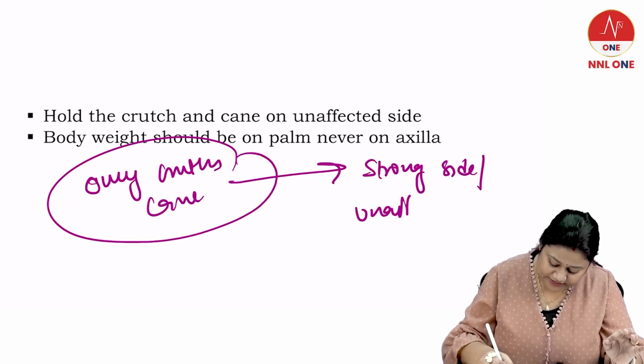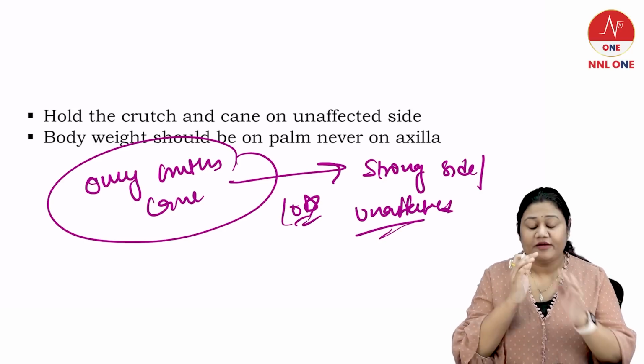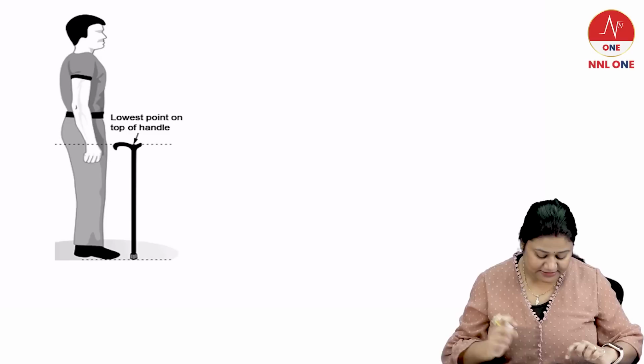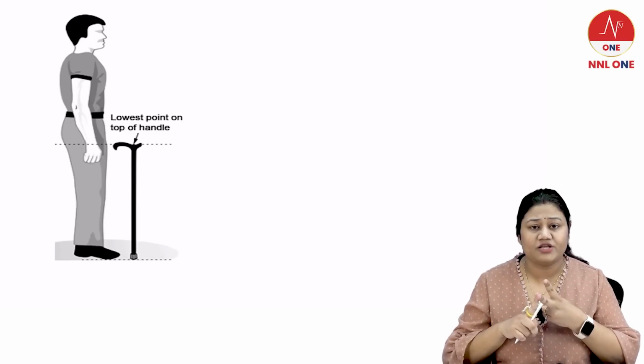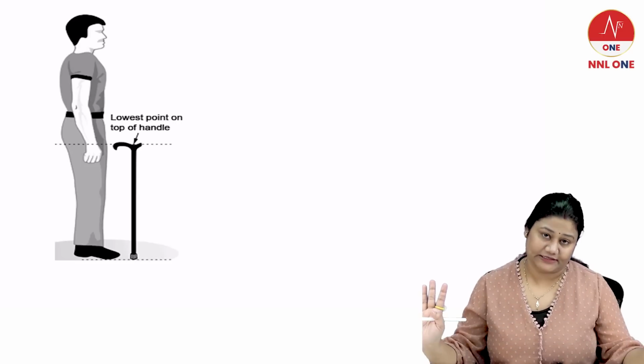This is mandatory, and this is 10-star question, right? I'll show you the image. This is how the cane look like, the chhadi. If you are using cane or only one crutch, then hold it on stronger side or unaffected side, right?